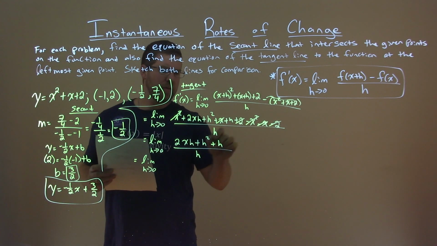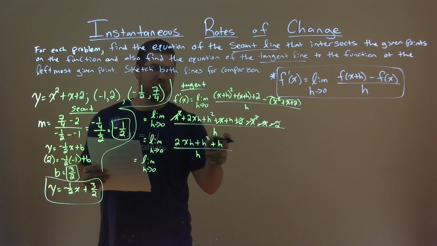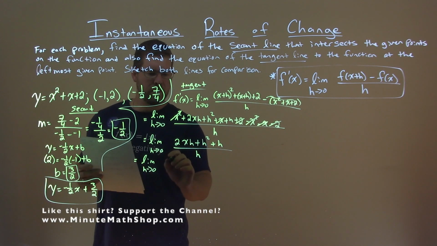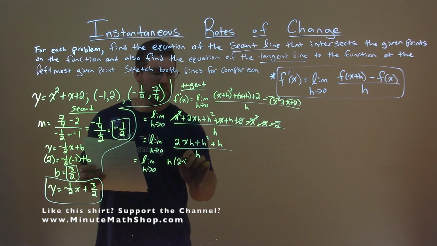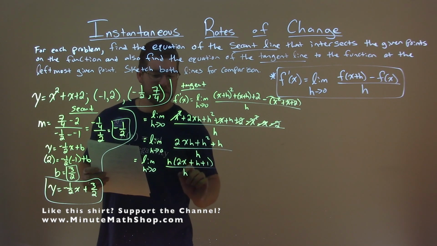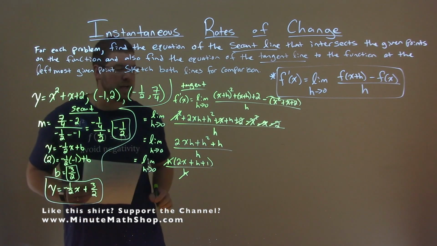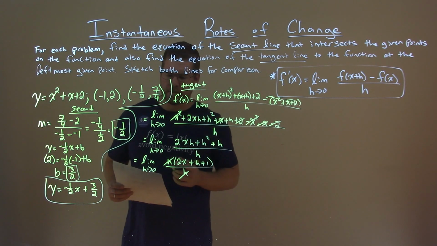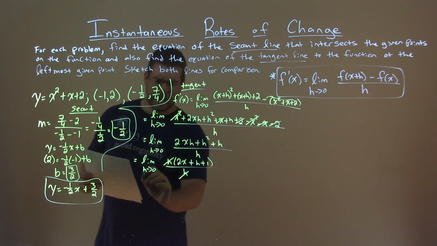Just be careful, that last term is going to be a 1h. We pull out h in the numerator, so we have h times (2x plus h plus 1) over h. And this is where you can see the h's cancel pretty easily. If you can do it in your head, great. If you need that step, fantastic. It's all good. Keep on going.